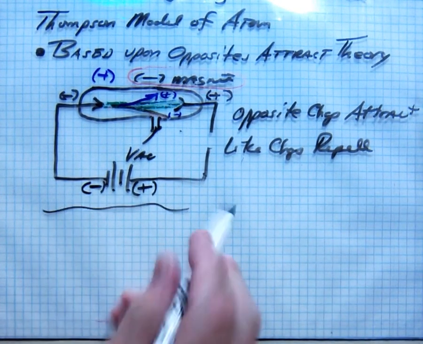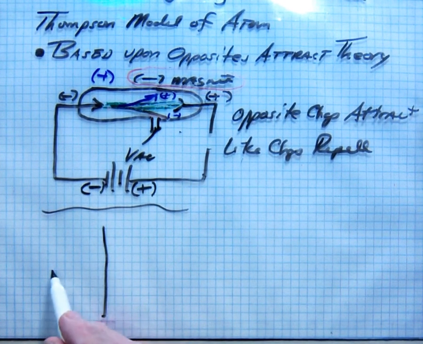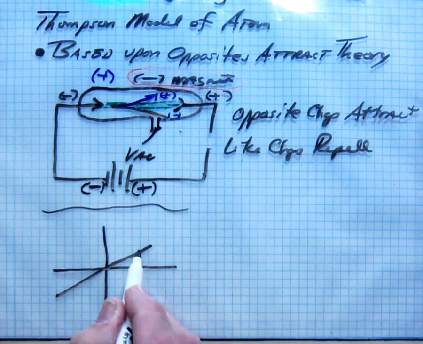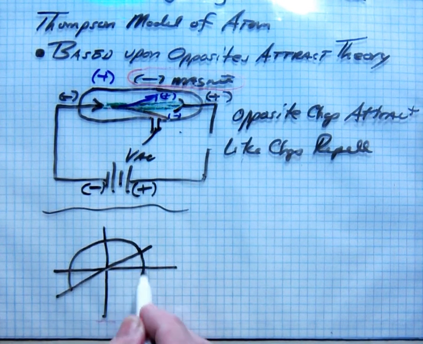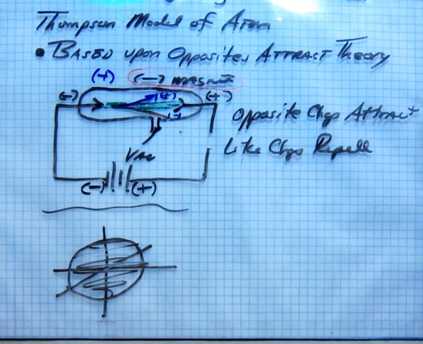Okay, so he drew the conclusion that the atom is a spherical entity that has no specific organization inside the sphere. And he made the postulate that the overall atom was positively charged.